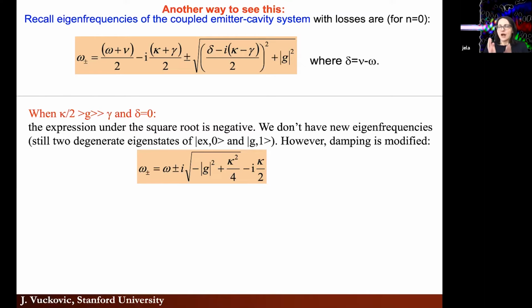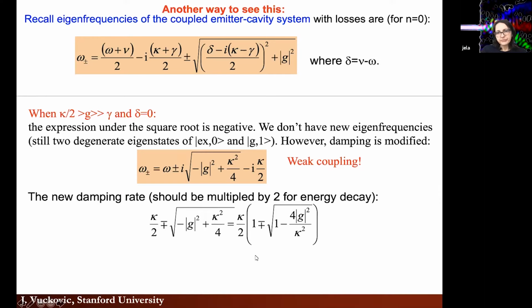Your atom is on resonance with the cavity at the frequency omega, but the decay rates are clearly changing when they're coupled, okay? So this is basically the regime of weak coupling, right? Because you don't have new real parts of eigenstates. And we can actually massage this expression a little bit more.